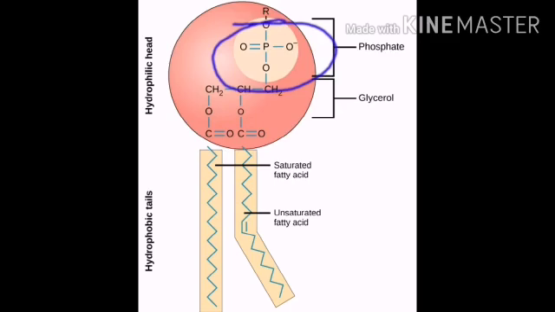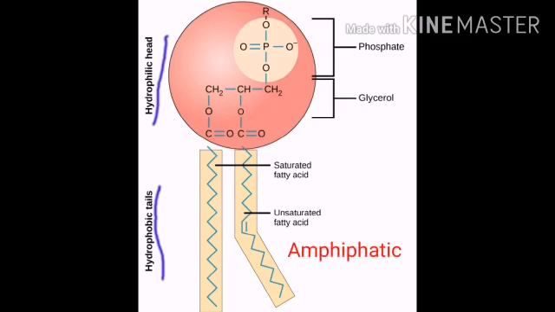Charged molecules do well in polar substances like water, as I have told you. So they are going to dissolve well, and so this part is hydrophilic, which means they love water. And molecules that have a hydrophilic part and a hydrophobic part have a special word, amphipathic.